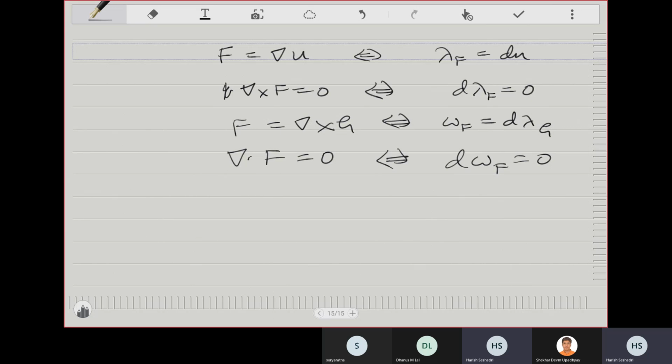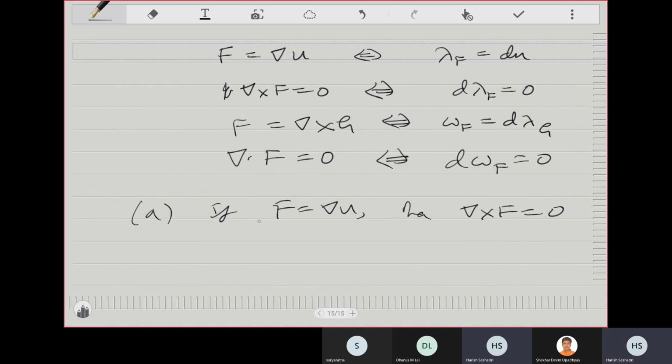If you look at the first statement, statement A was: if f equals nabla u, then nabla cross f equals 0.